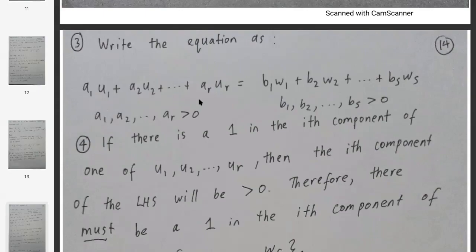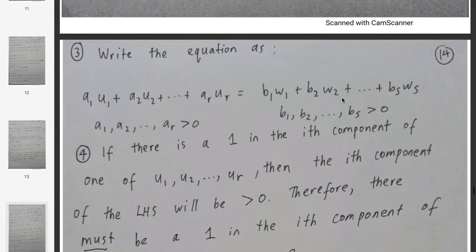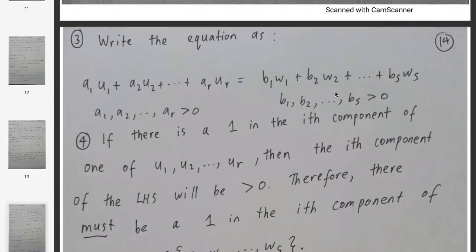So when we add up all the contributions on the ith coordinate, since there's a one somewhere and a1, a2, ar are greater than 0, we will get that that coordinate adds up to something greater than 0. Therefore, since this is an equality of vectors, there must be a 1 in the ith component of some wj on the right hand side. Because if all of the j's had 0 in the ith component, then the ith component of the sum would also be 0.